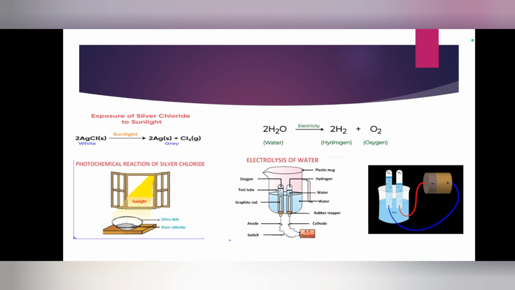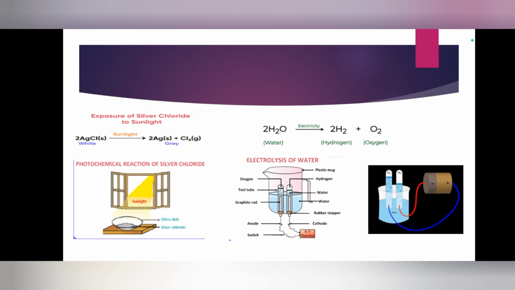See children, this reaction is also known as the photochemical reaction of silver chloride because it was used in black and white photography. You might have heard that cameras we previously used had film rolls, and we cannot expose those film rolls to sunlight because the photos would fade away.